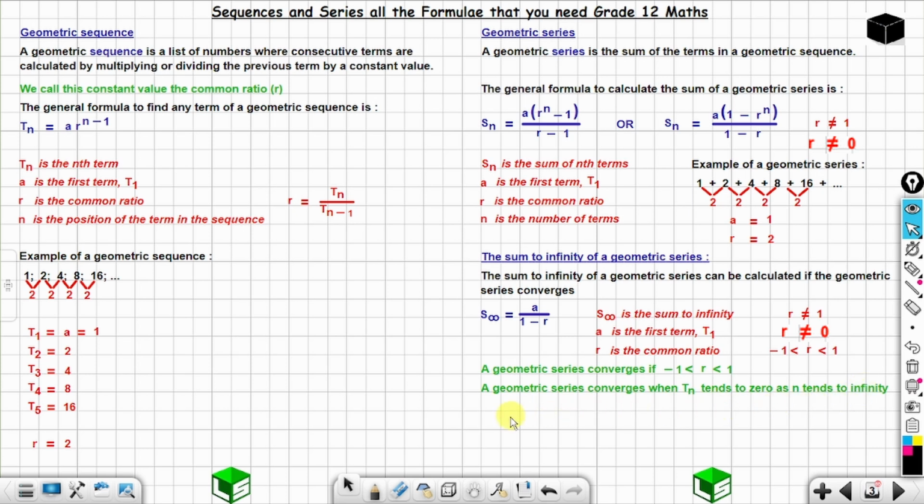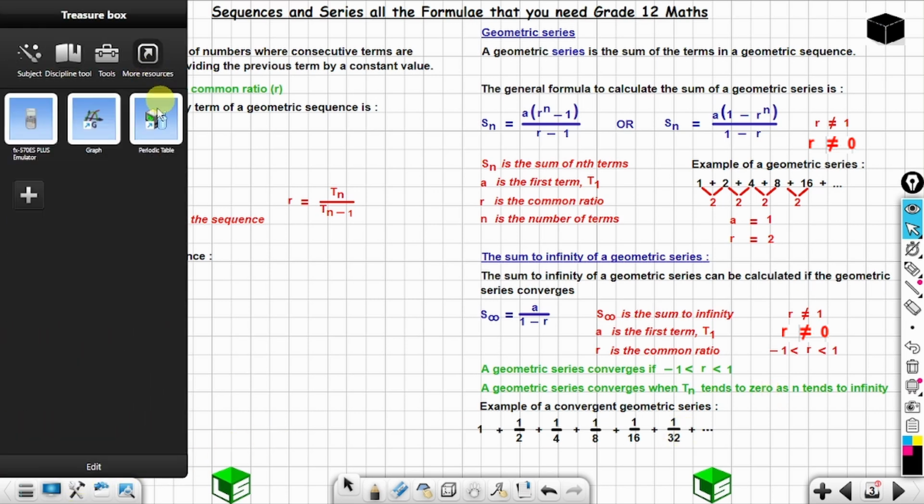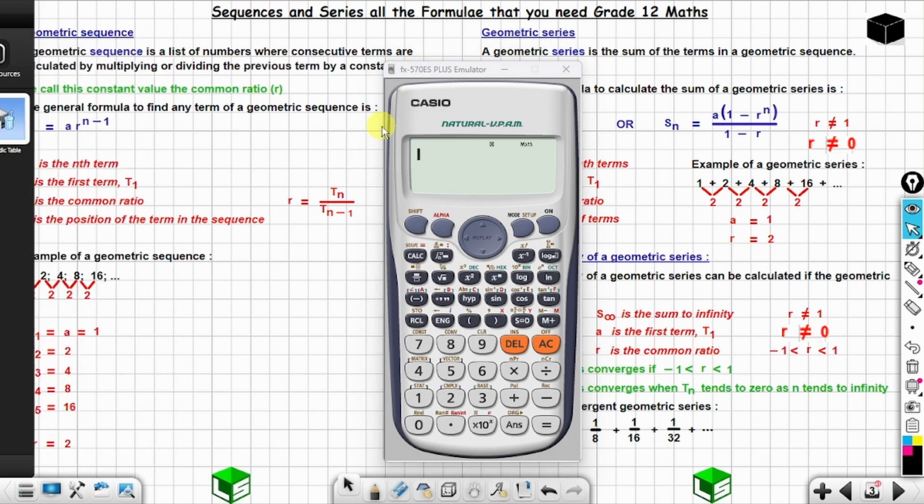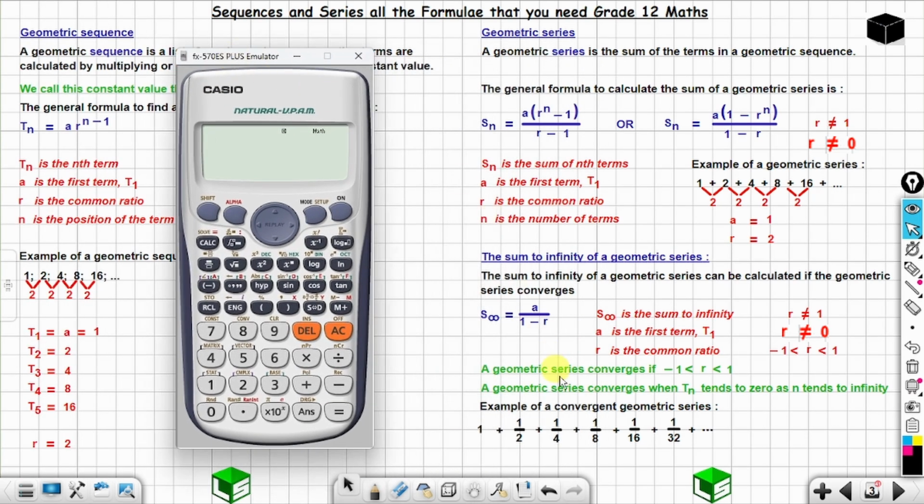So, you can have something like this. This is an example of a convergent geometric series. This geometric series tends to 0. You can see 1 over 8 is equal to 0.125.